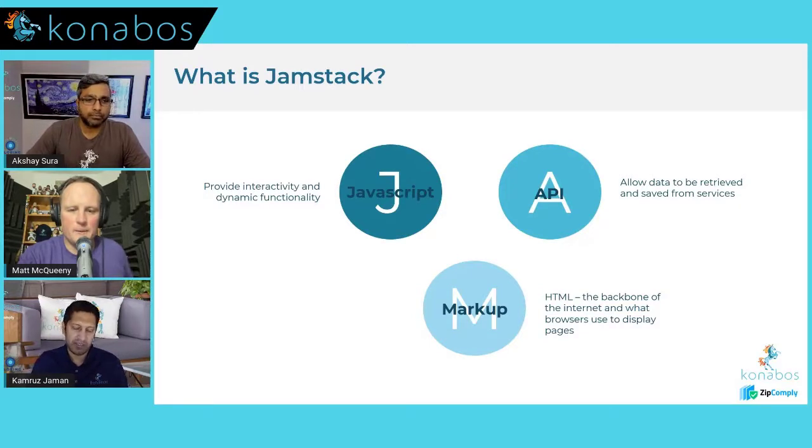So both of these tie the front end together, and the M in this, markup, is just HTML. HTML is the bare basic browser language. It's the code which you write to display something on a web page, right? So that image that you see on a web page is done using HTML.